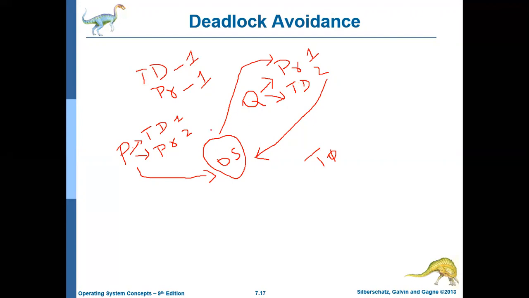But at time t0, the printer was assigned already to process Q. Now say process P requests the tape drive. The tape drive is not yet allotted to Q, only the printer is allotted, and process P is requesting the tape drive.